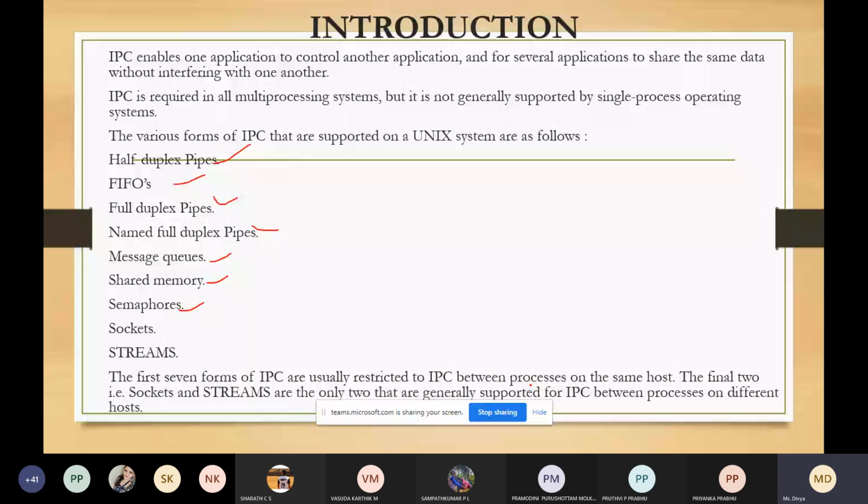And the last 2, that is sockets and streams, are the only 2 that are generally supported for interprocess communication between processes on different hosts. So these are for communication between processes on different hosts, and the others are all for the same host.